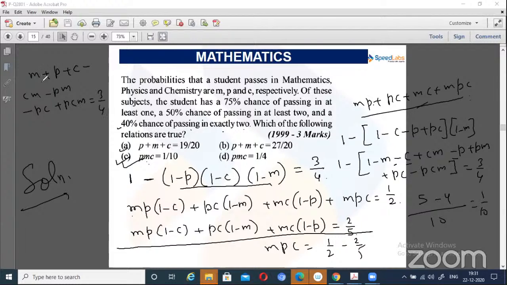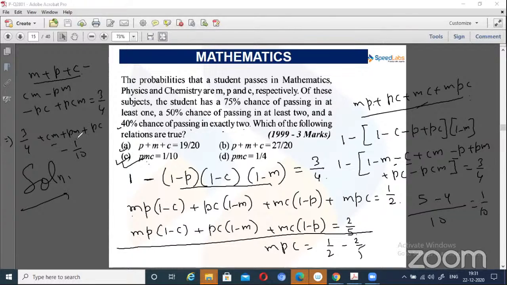And we need this. So this will be equal to M plus P plus C is equal to 3 by 4 plus CM plus PM plus PC minus PCM. PCM is 1 by 10.